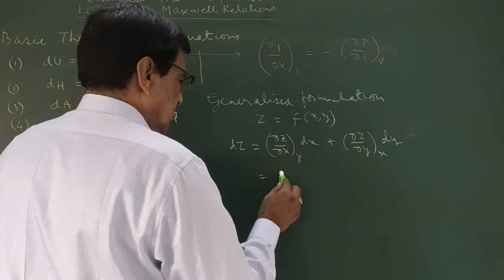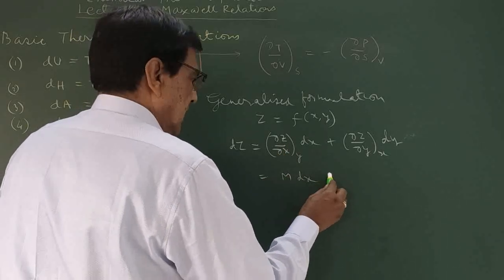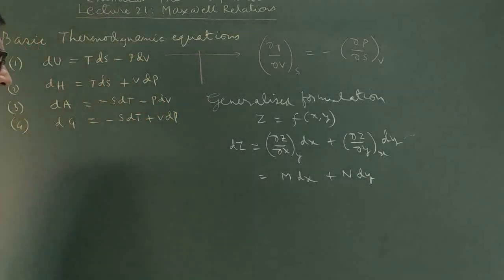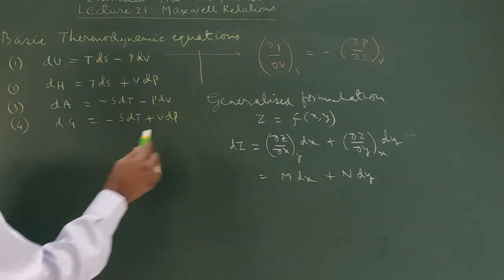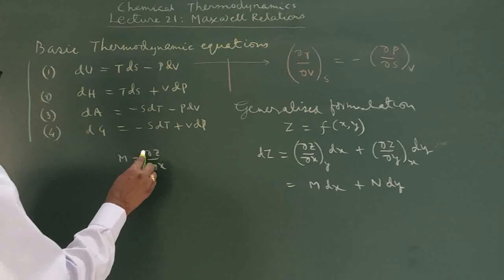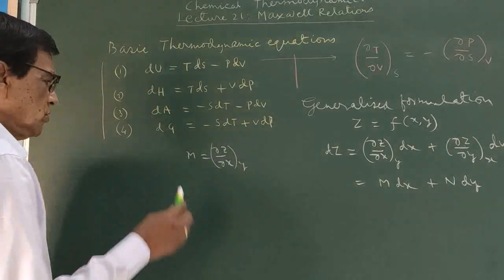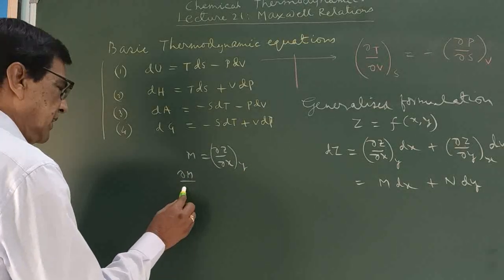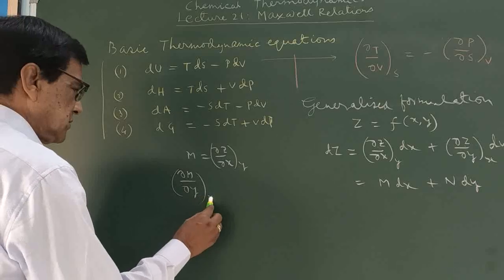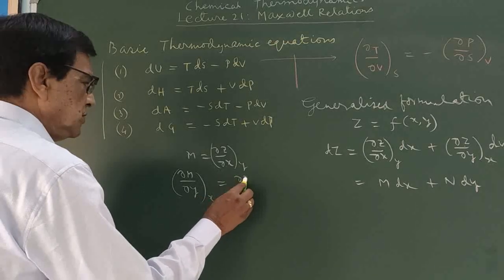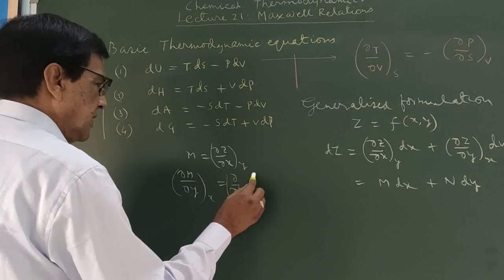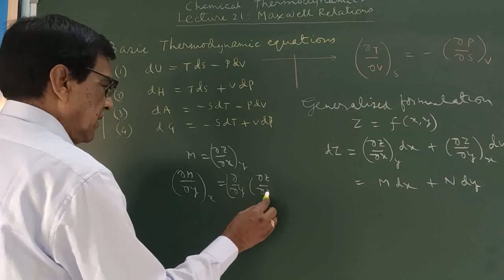Let the first coefficient be M and the second be N. Then M equals del z by del x at y, and differentiating del M by del y keeping x fixed equals del by del y of del z by del x.